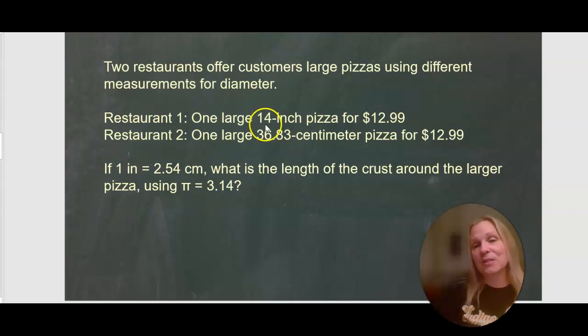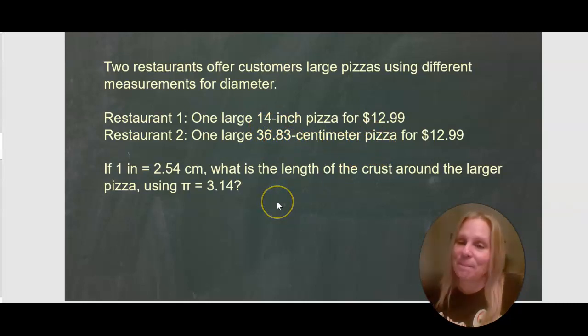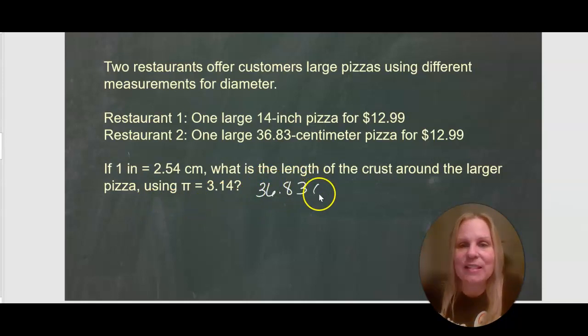Okay, so it sounds like first we have to convert centimeters to inches. Remember our unit analysis that we did way back in Module 3? Here it comes again. 36.83 centimeters over 1, and I'm going to multiply by my conversion factor.